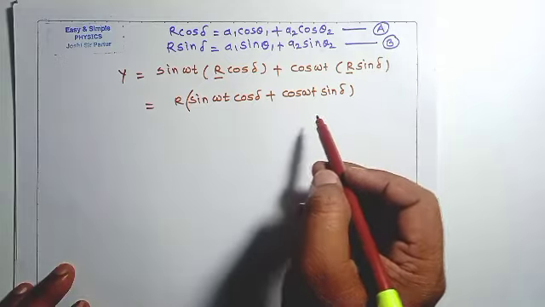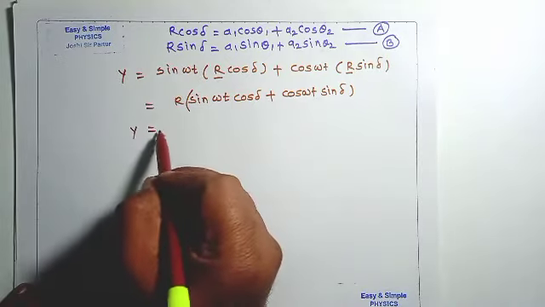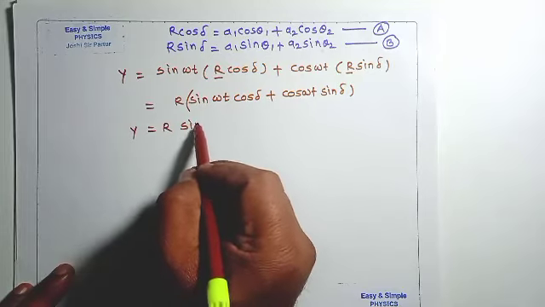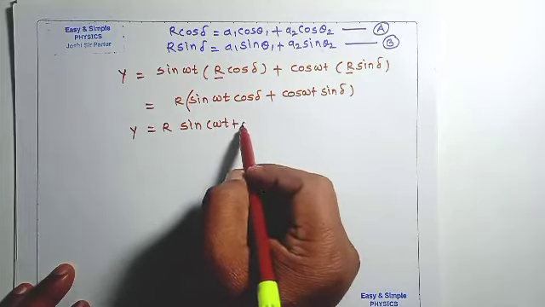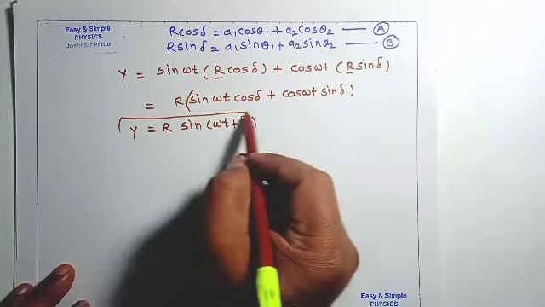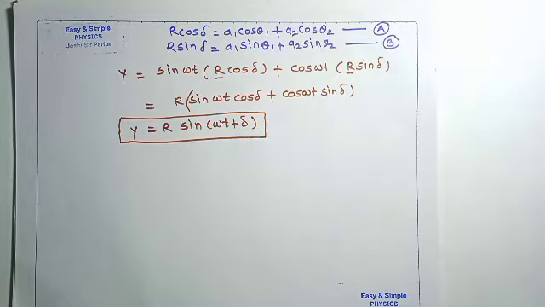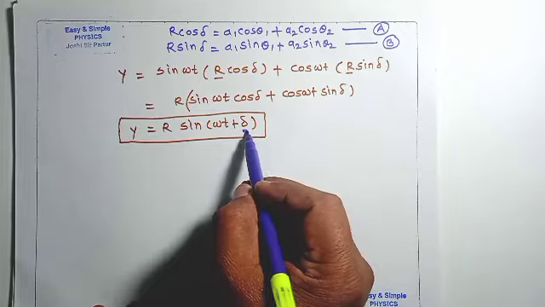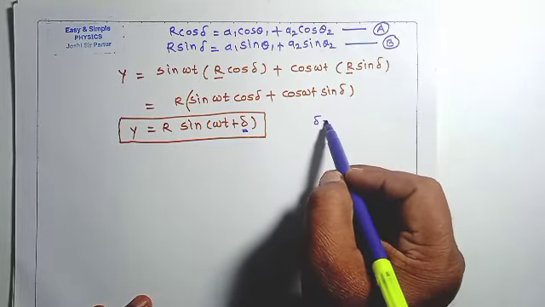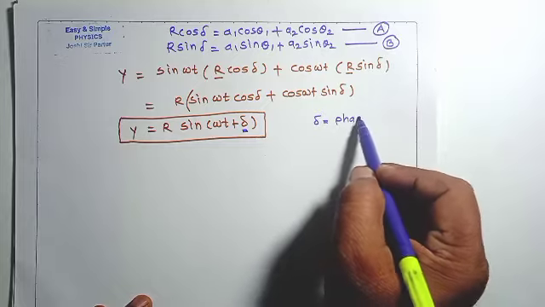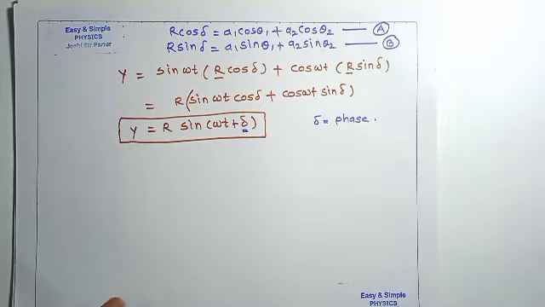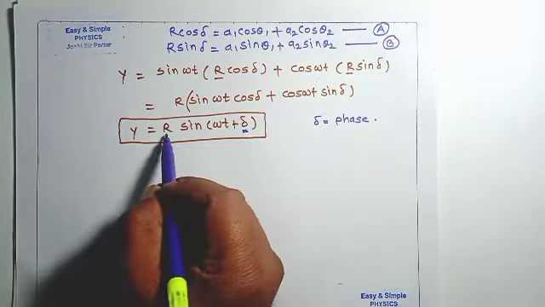By using the formula, we can write y is equal to R sine of omega t plus delta. This is the resultant displacement of two waves when they interfere with each other, having resultant amplitude capital R and resultant initial angle or phase delta. Using this we can find the resultant amplitude.